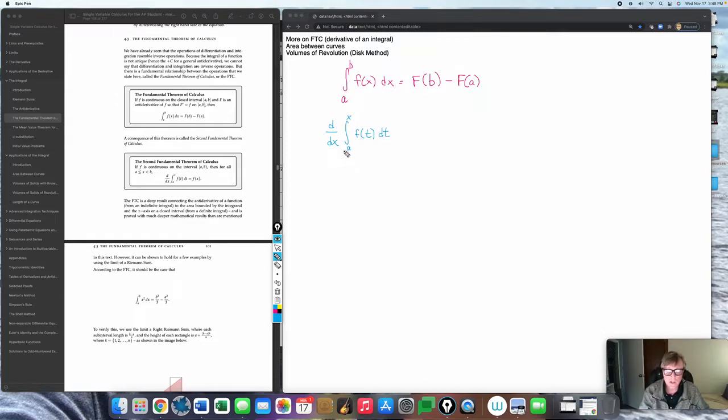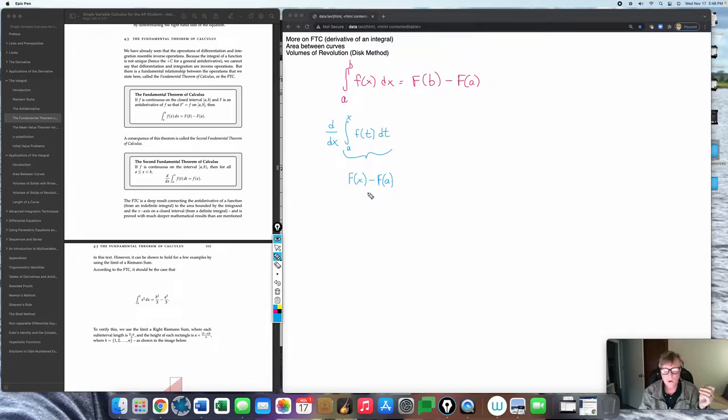So let me just talk about this piece right here. This would be capital F of x minus capital F of a. And the reason why that had to be a t is because I had to plug x into something that was not x. These variables are not necessarily the same thing.